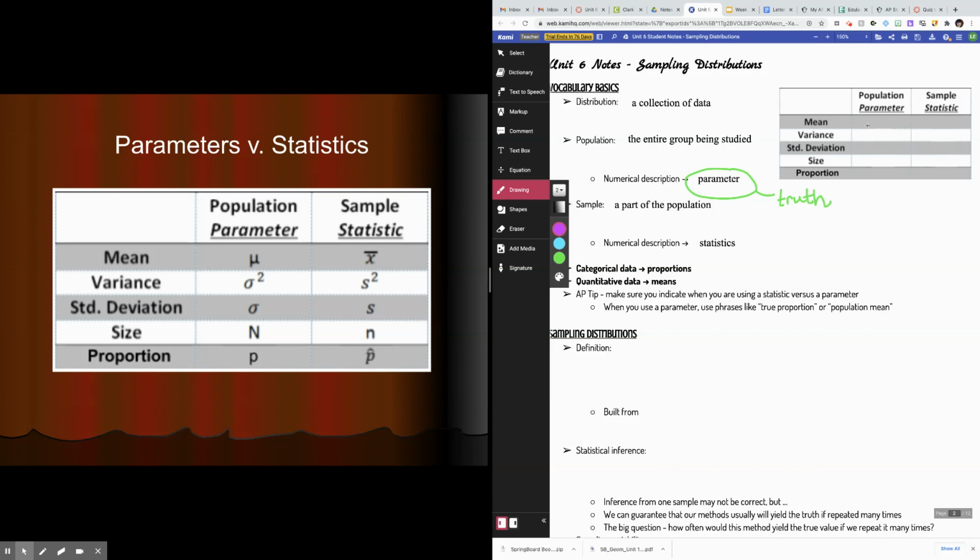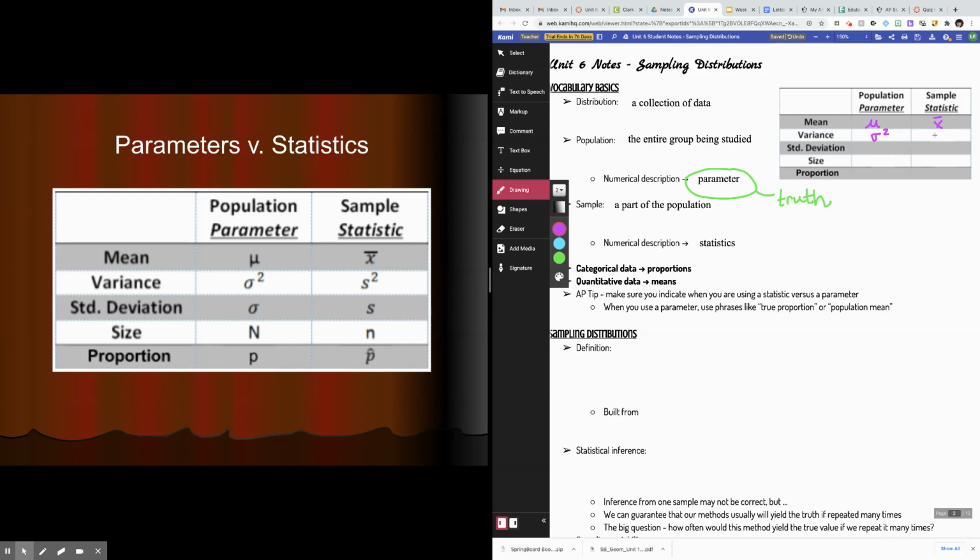Okay, so for mean, the true value is represented by that weird looking mu with the extra tail. Okay, but the sample value is represented by x bar. Okay, variance is this Greek symbol, sigma, there it is.